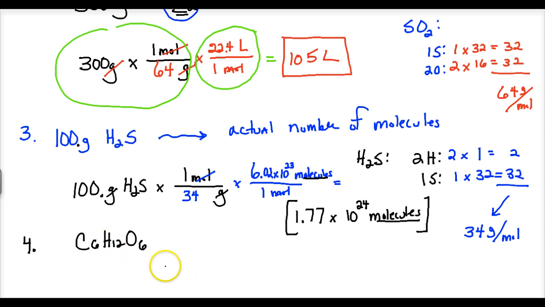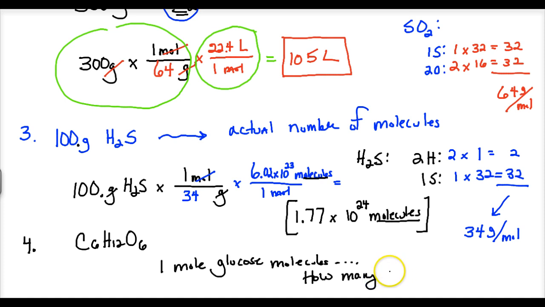If I have 1 mole of glucose, and I should do this way, 1 mole of glucose molecules. Question is, how many carbon atoms?